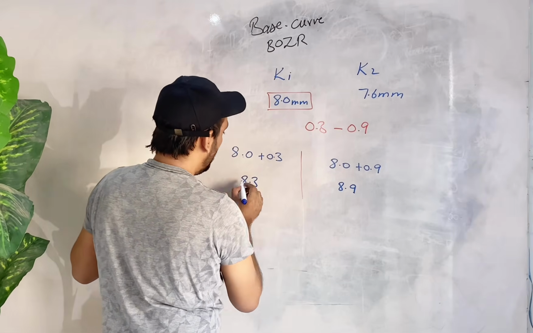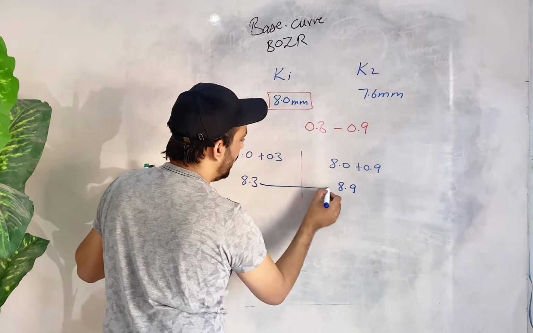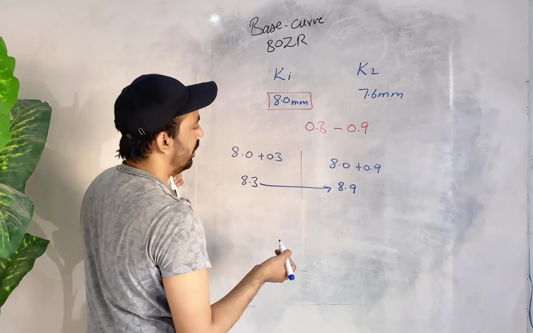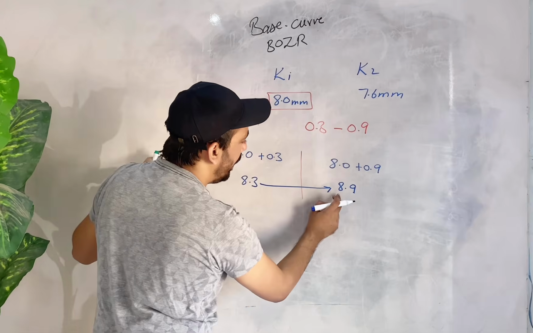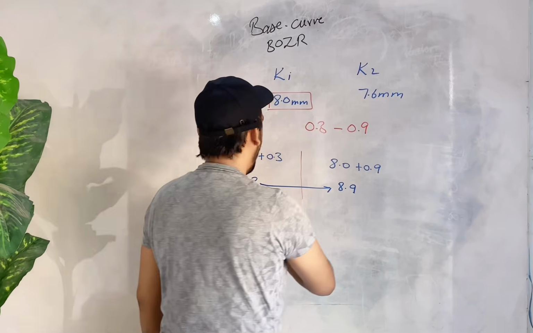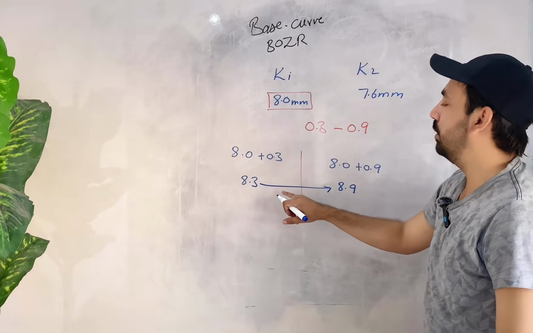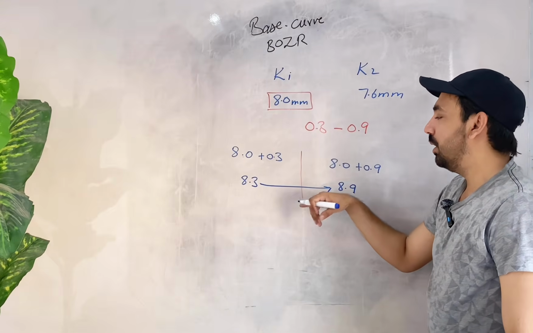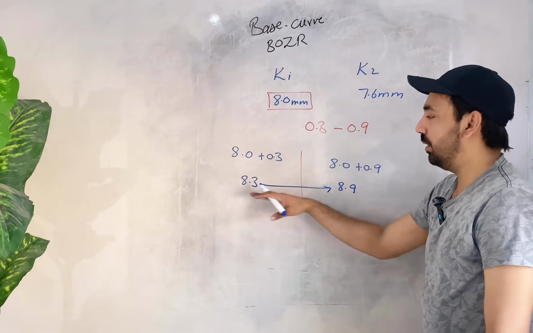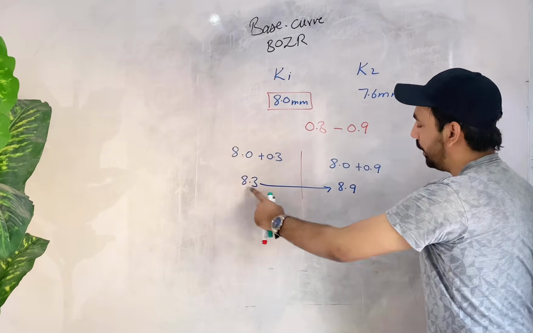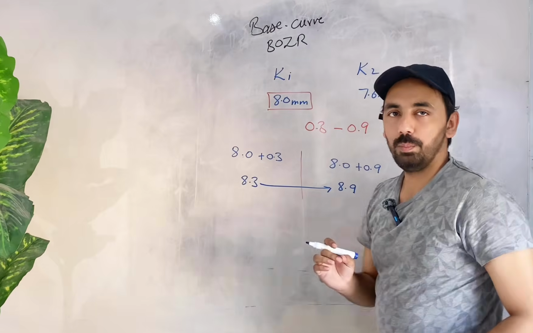So we have a range from 8.3 to 8.9. We can prescribe a base curve in this range. We can prescribe 8.3 if we have it, we can prescribe 8.4, 8.5, 8.6, 8.7 or 8.9, anything between 8.3 and 8.9. This is called method number one.